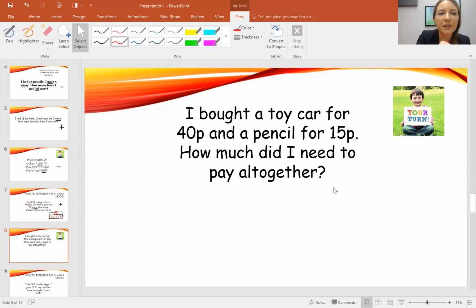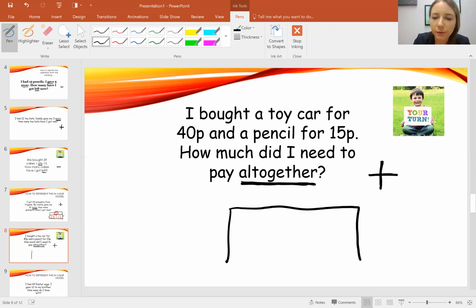Have you done that? Well done. So we can see we've got the words all together here. We know that that means we're finding the total. We're finding the total amount that I had to pay. So it's addition. That was one of our addition words. We also know that we need to find the total. So we know in our bar model that the total amount at the top is the one that we don't know.